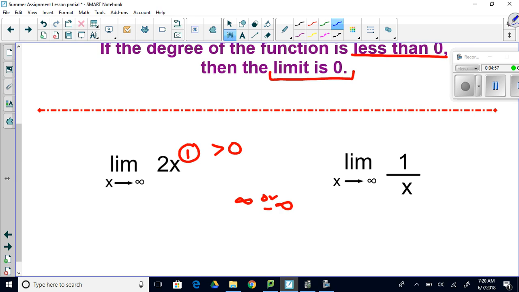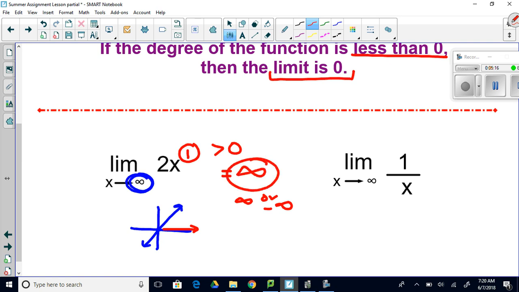Well, we know this is a line, and we know more about it than that, but we know it's a line. We know if we plug very big positive values in there, very big positive values is going to be in this direction, so we know our graph is going up forever, so we know it's going up to positive infinity.